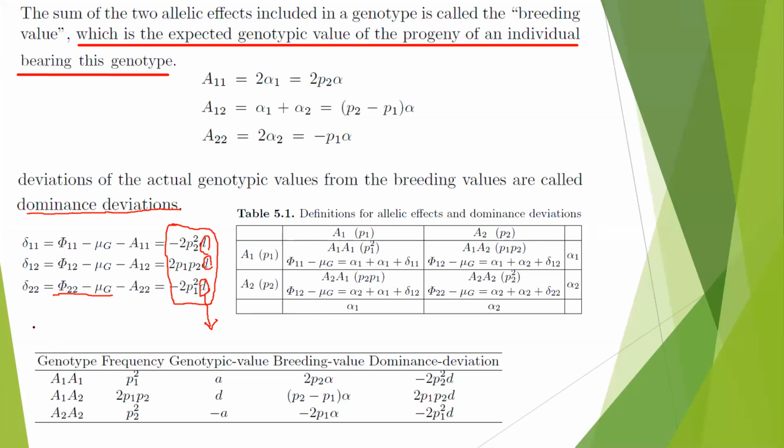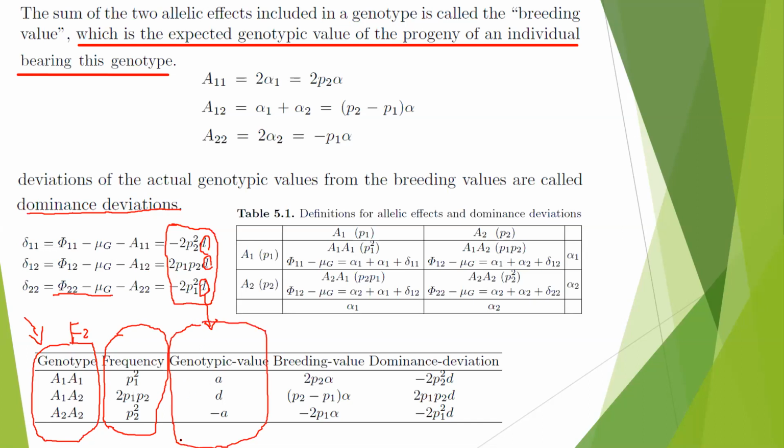So this table summarizes the concepts we have learned. We have three genotypes for the F2 population, and this is their frequency given the Hardy-Weinberg equilibrium, right? And this is how we define the genotypic value for these three genotypes.